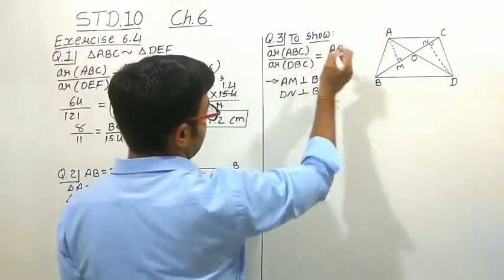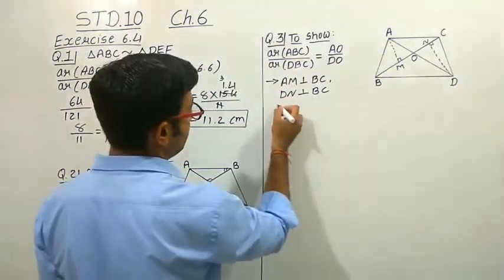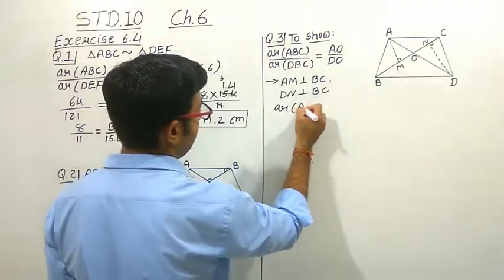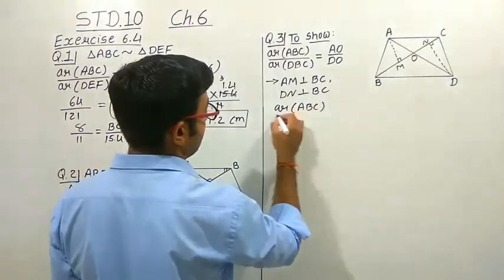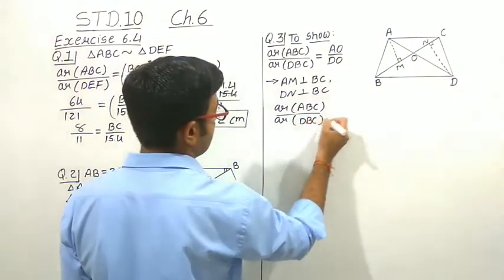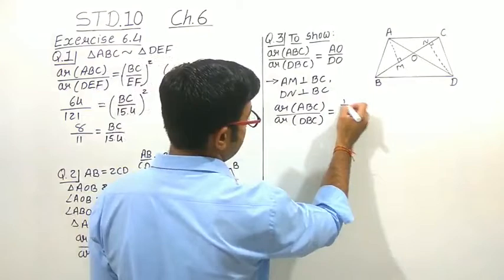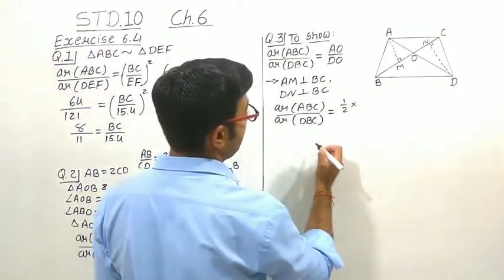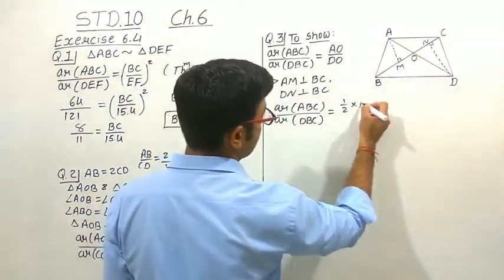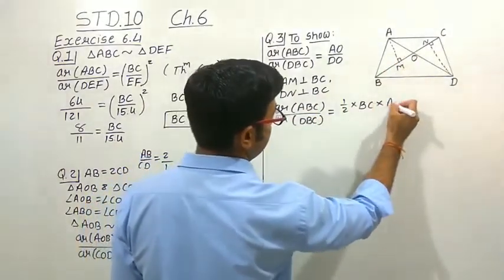Now, if we take the ratio of the area of triangle ABC to DBC, what can we write? Area of ABC over area of DBC. According to the formula, area of triangle ABC is 1 by 2 into base, base is BC, and the altitude that we have drawn is AM.